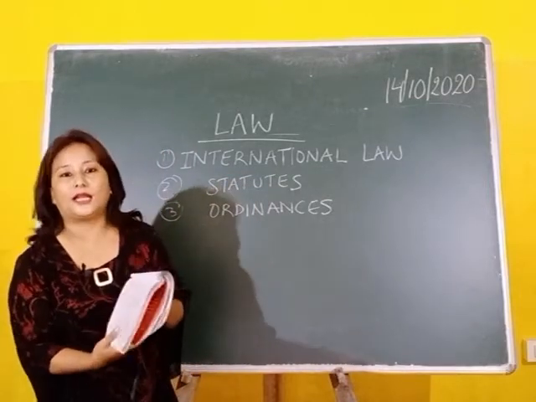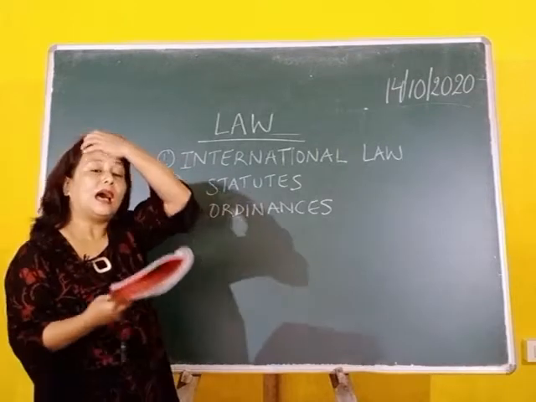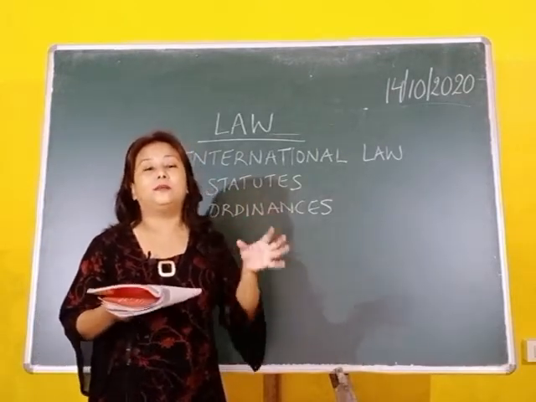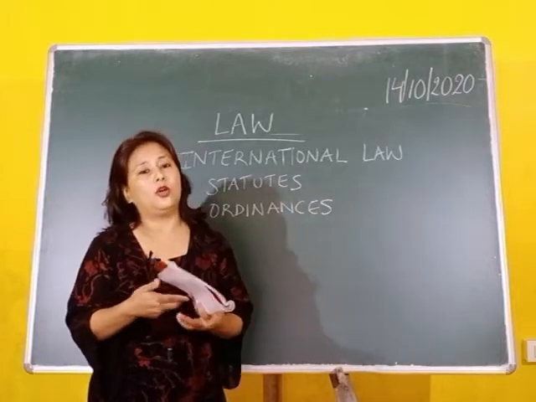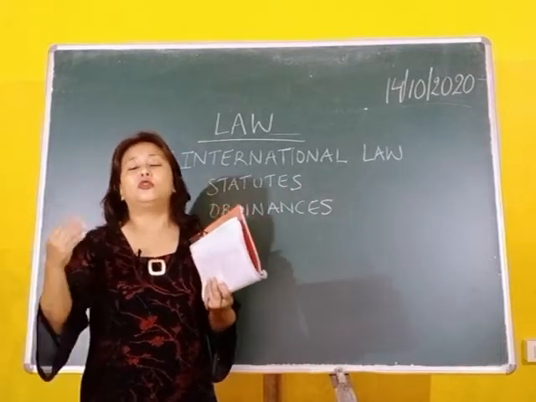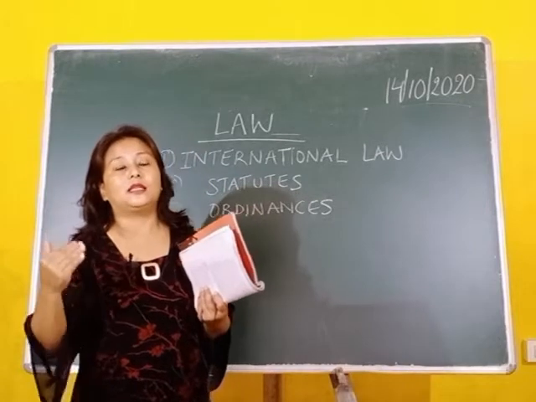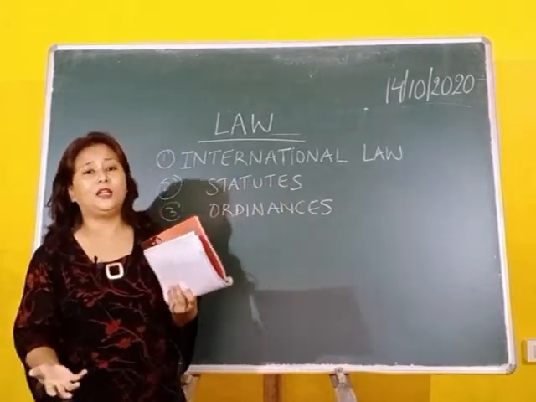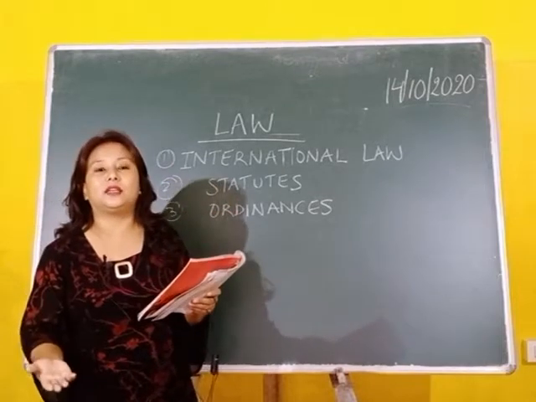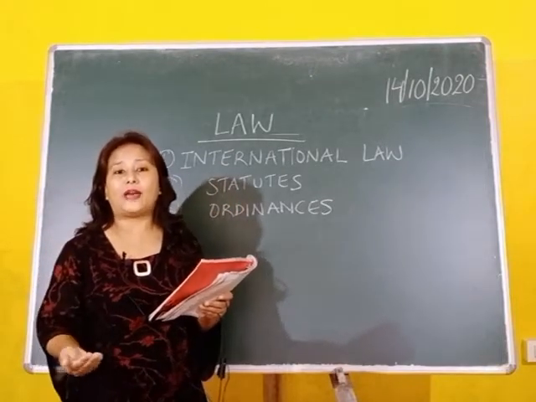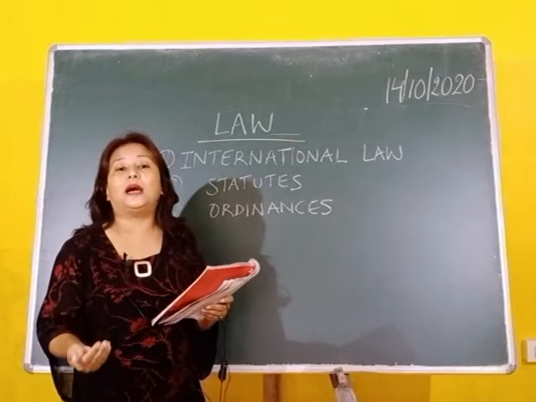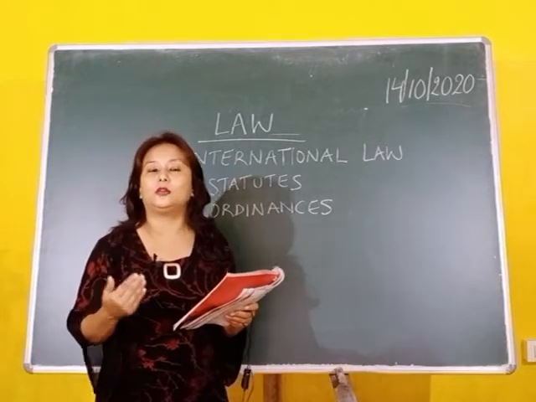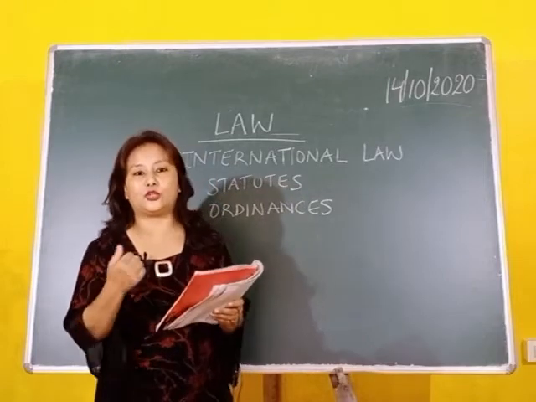Understood? Once again I repeat, statutes are those laws, in short, which are passed by the Parliament. Any law passed by the Indian Parliament, or any law passed by the British Parliament, is known as a statute.